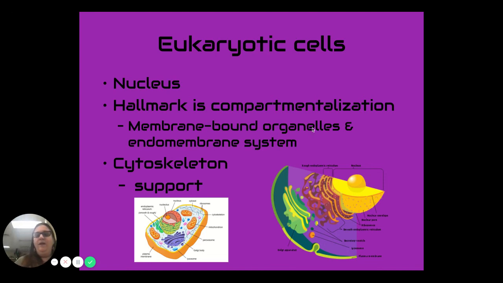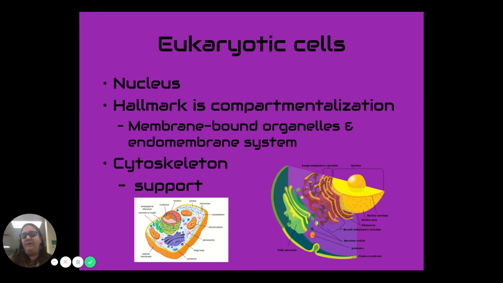Okay. And then finally we get to eukaryotic cells. Now eukaryotic cells are the type of cells that we have. They're going to, again, be found in fungus, protists, plants, and animals. Okay. The biggest thing that divides the eukaryotic and the prokaryotic is eukaryotics have compartments.